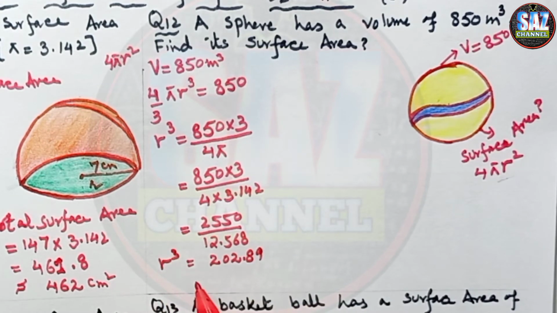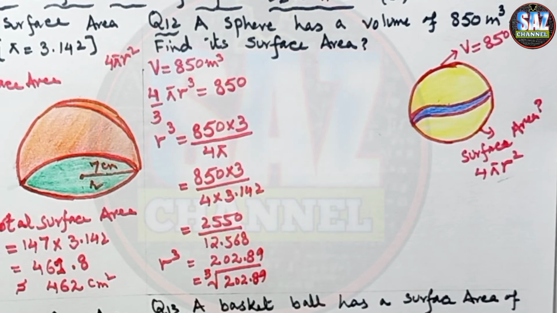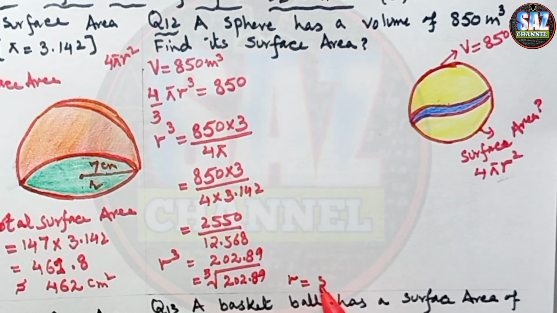And in order to get the value of r, I have to take the cube root of 202.89. Now let me hold the calculator, and this cube root of 202.89 comes to 5.876. Radius is 5.876.